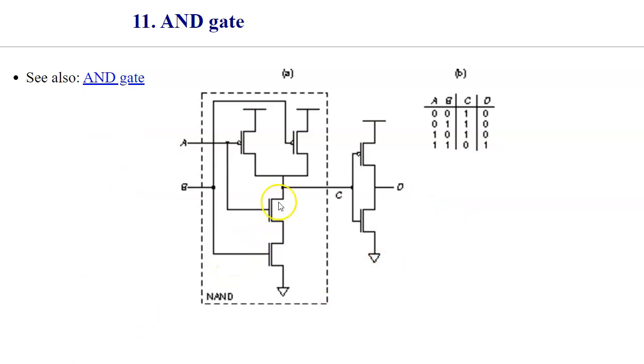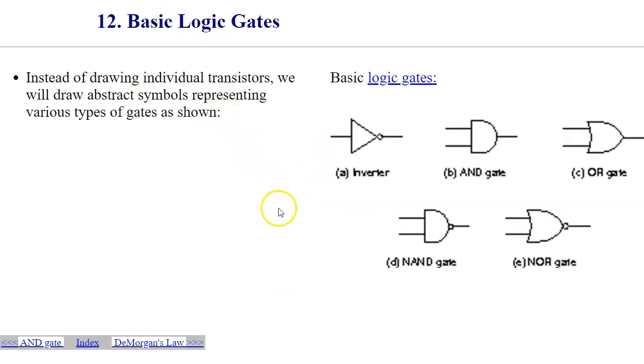We're not going to stay at the level of transistor circuitry for very long. Generally speaking, we would like to encapsulate these types of circuits which implement popular logic gates by presenting them simply as a symbol. I already showed you that for the inverter, when we have a wire, we will be using a bubble symbol to indicate an inverter.